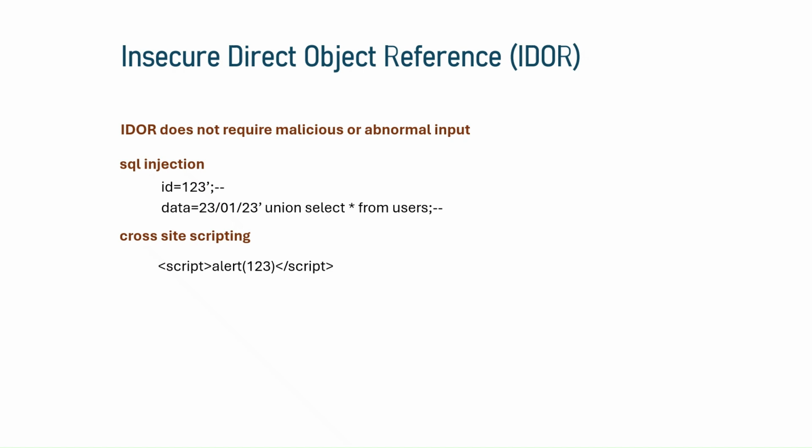It happens just by supplying what we think is a normal, acceptable input but can cause real damage. For example, changing a numeric value from 1 to 3 to 4, 5, 6 or changing a string value from ABC to XYZ can really cause an insecure direct object reference if the application is vulnerable.